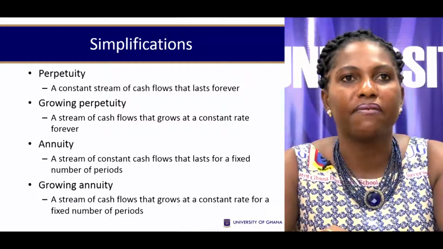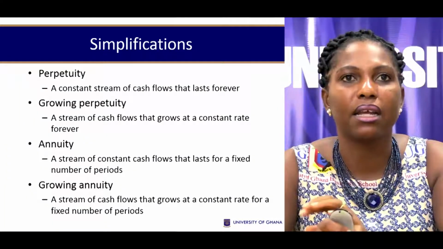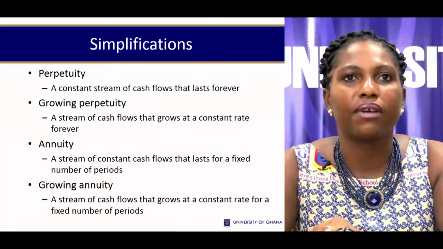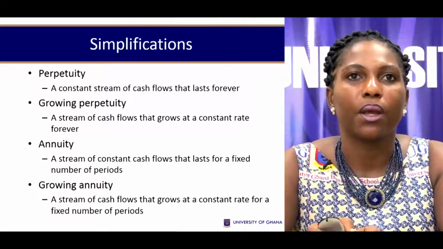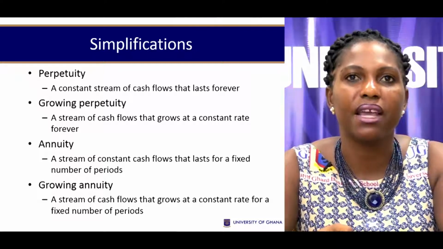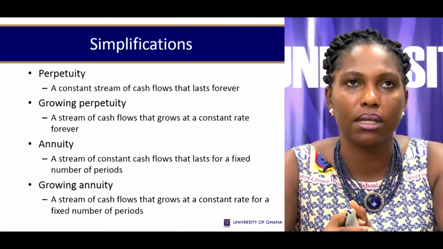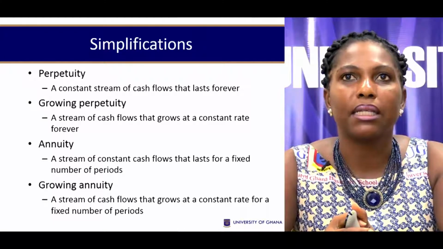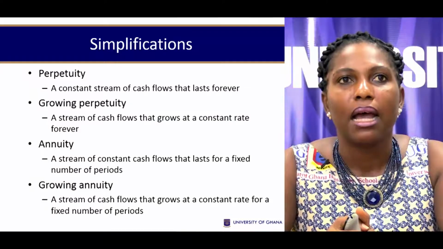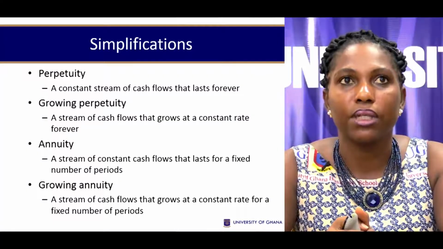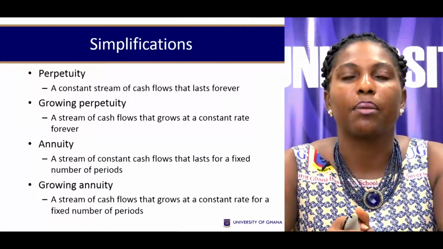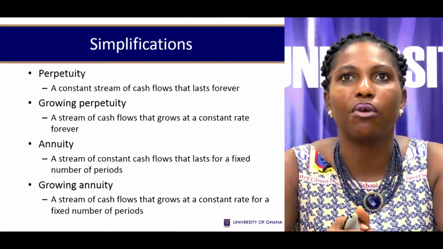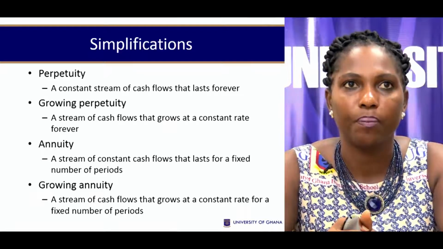So say I have an investment that gives me 100 Ghana cedi every year for the next 5 years. Once it's 100 Ghana cedi every year for 5 years and it ends, we call that an annuity. Now, if I'm going to be receiving 100 Ghana cedi every year until God comes, in which case it is perpetual, we call that a perpetuity. So it becomes a constant stream of cash flow that lasts forever.